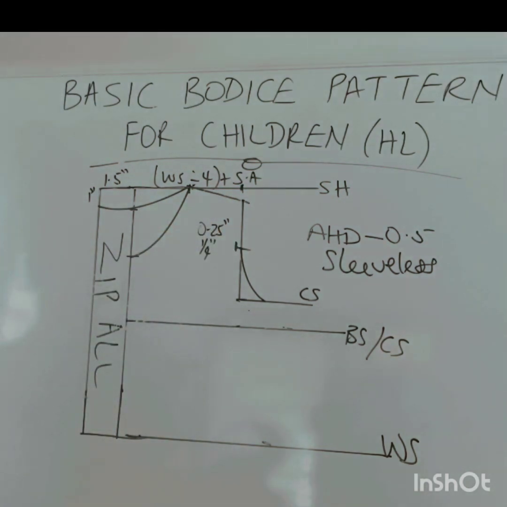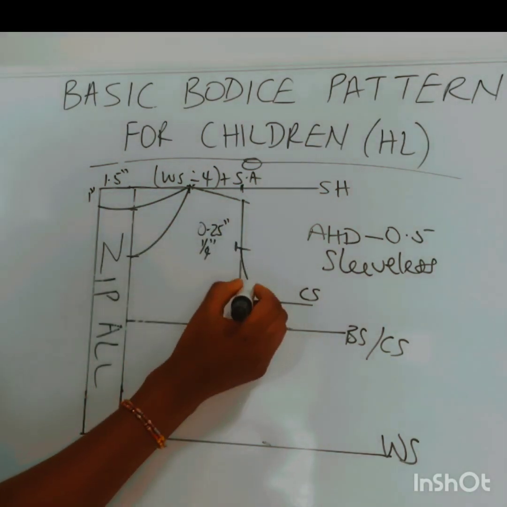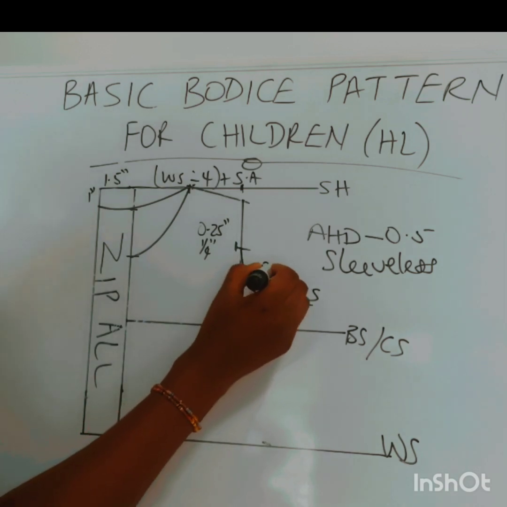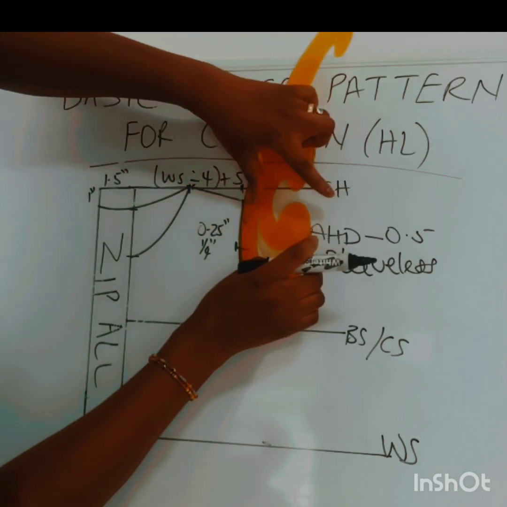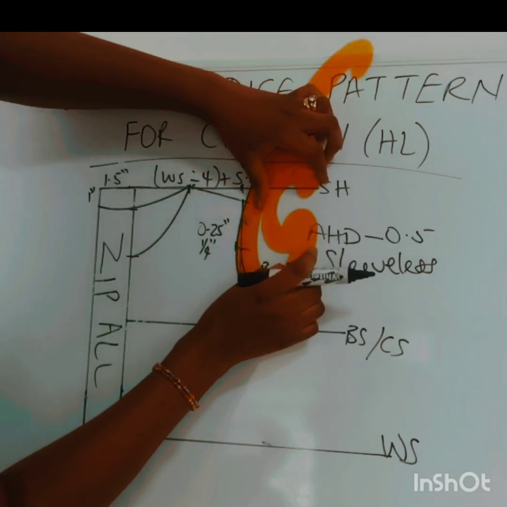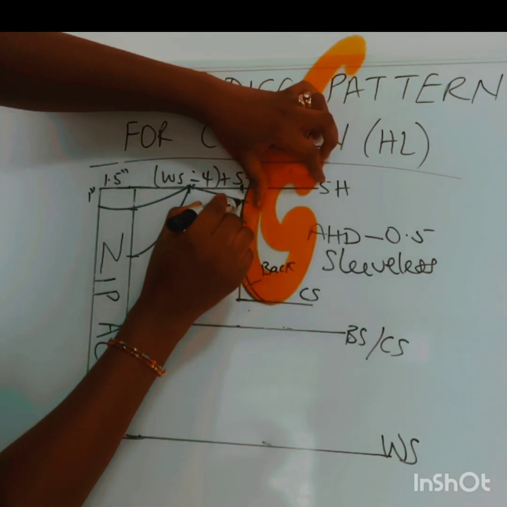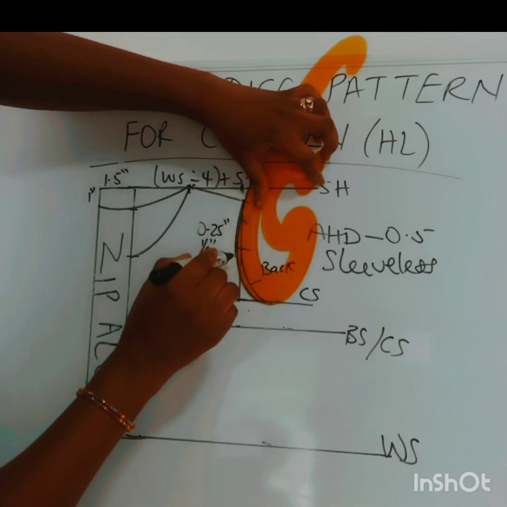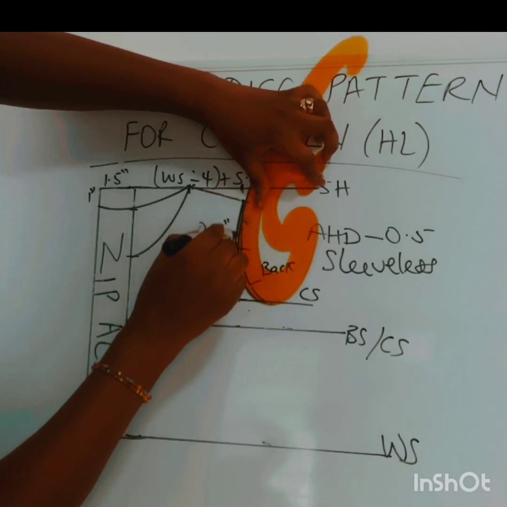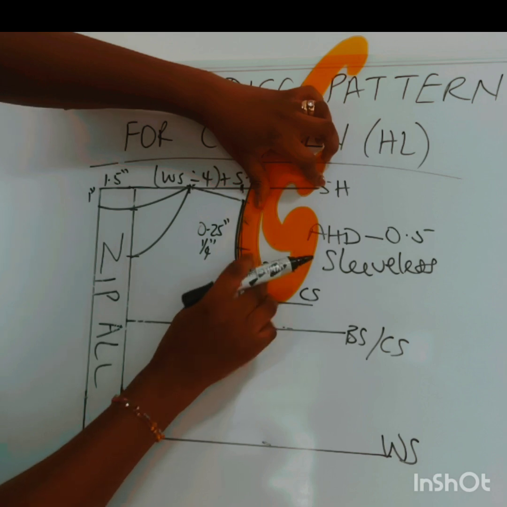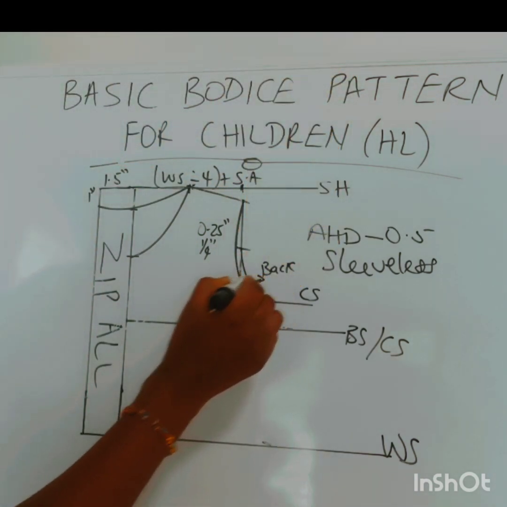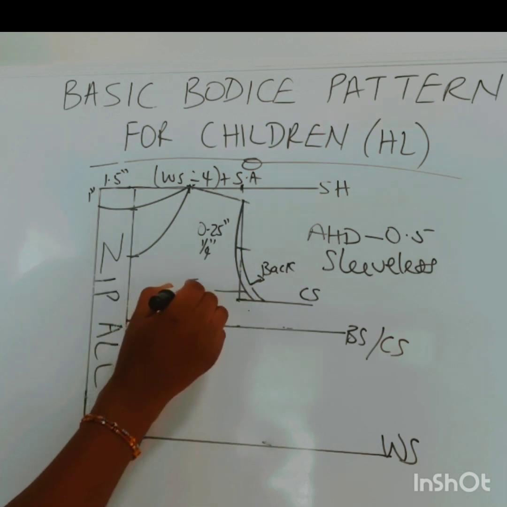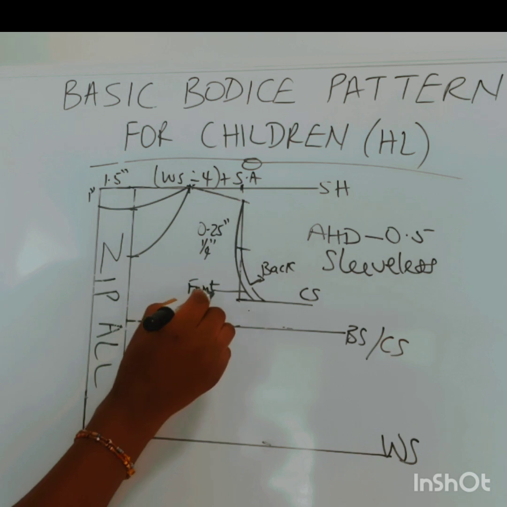Okay, so this first one is the back armhole. So the front armhole, I'm going to go in by 0.25. So this is for the back, and then this one is for the front armhole.